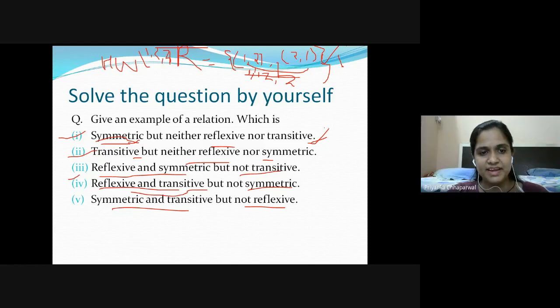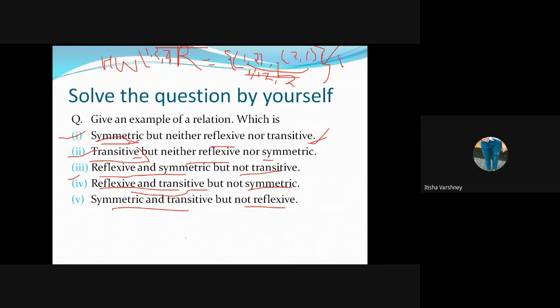So anyone can try the second example. Please give any example. The relation is transitive but not reflexive and not symmetric. Ma'am, 1 2 and 2 3.